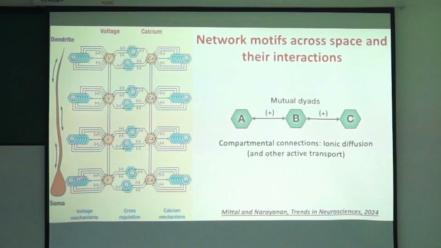These are different ion channels or molecules or pumps, and they also talk to each other with these kind of mutual dyad motifs across these compartments. And if you have a neuronal morphology that is branching, that defines how exactly the neuron functions. It's not just across morphology, across the set of components present here also, you are defining what is present over here versus what is present over there. And that kind of motif-based interaction is what gives you the function of a single neuron.